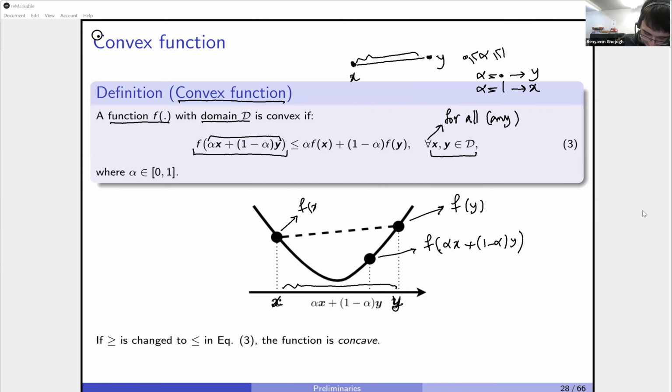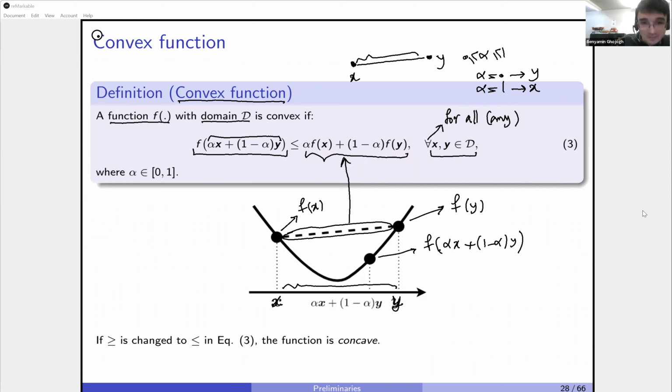So this is f of x, right? So if you multiply this f of x by alpha, multiply f of y by 1 minus alpha, and you sum these, you will have this line. This is exactly alpha f of x plus 1 minus alpha f of y.